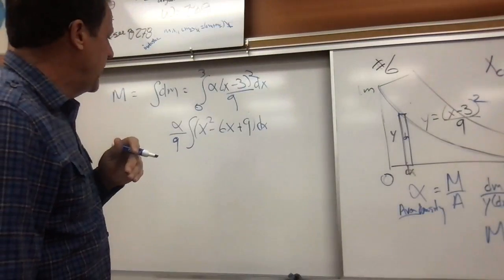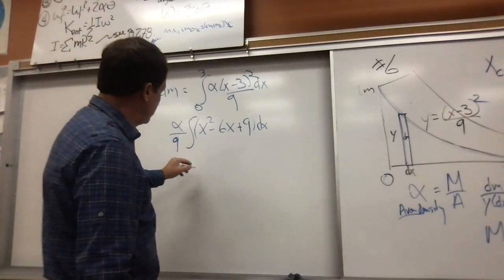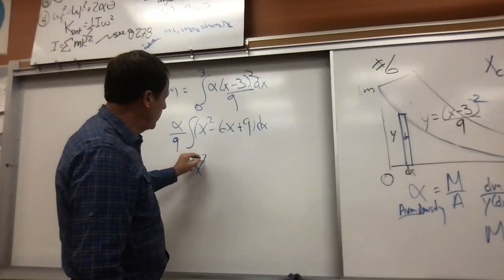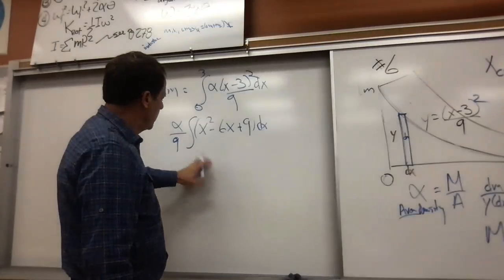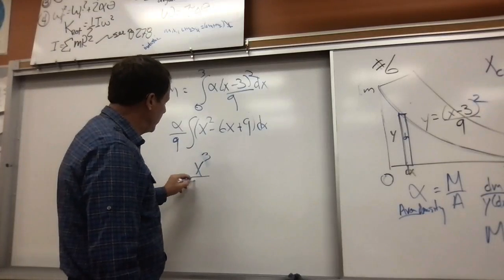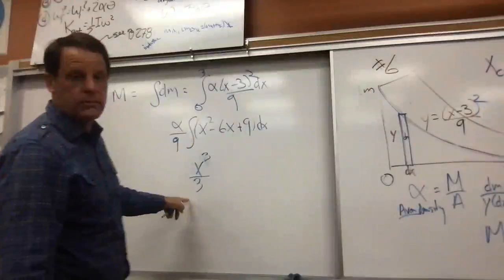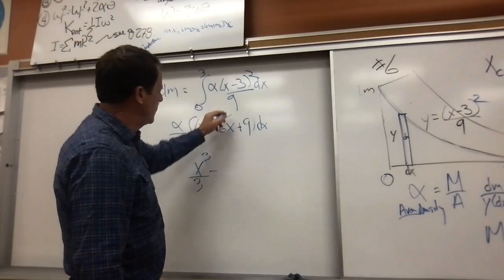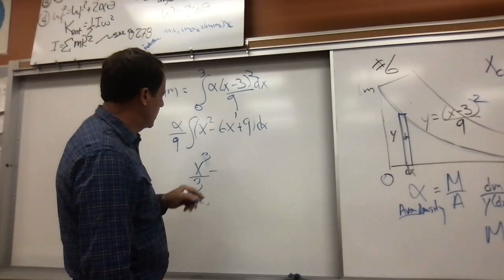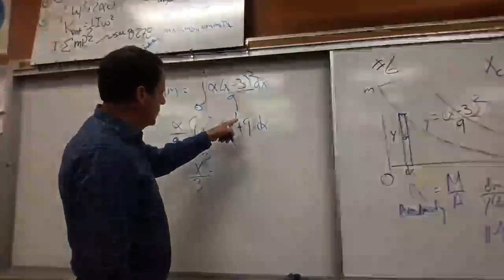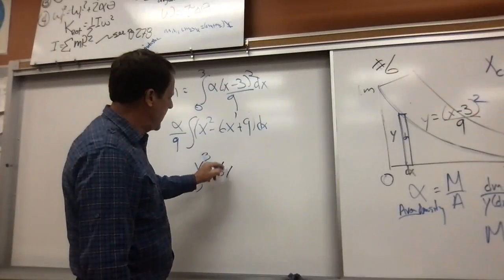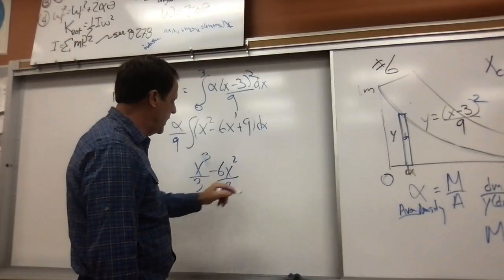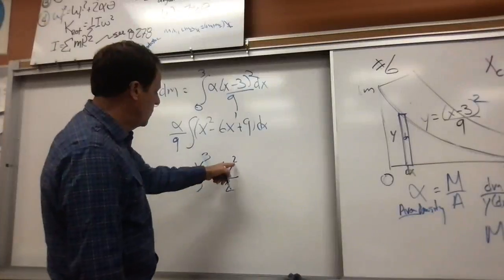When we integrate, we take our x and raise the power from 2 to 3, so 2 plus 1 is 3, and we divide by whatever we raised it to. Then we're going to have minus 6x squared, since 1 plus 1 is 2, divided by whatever we raised it to.